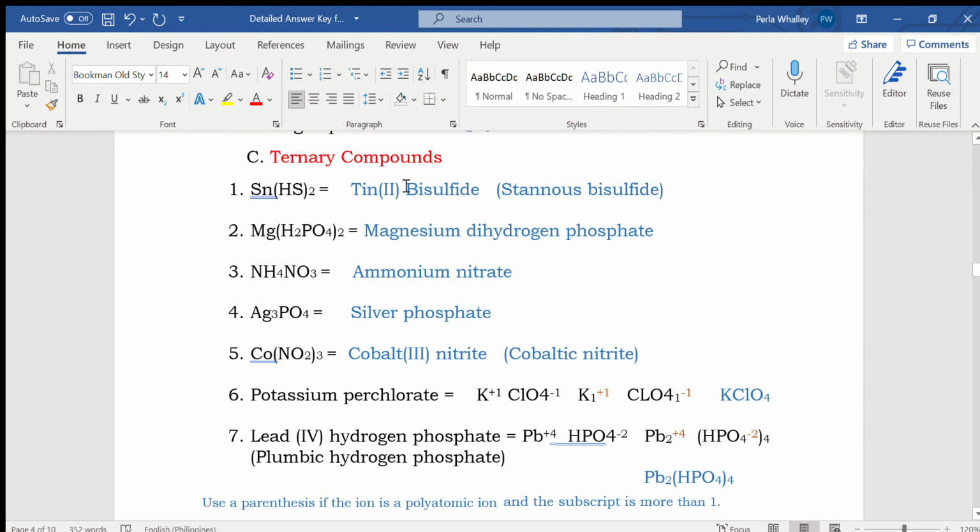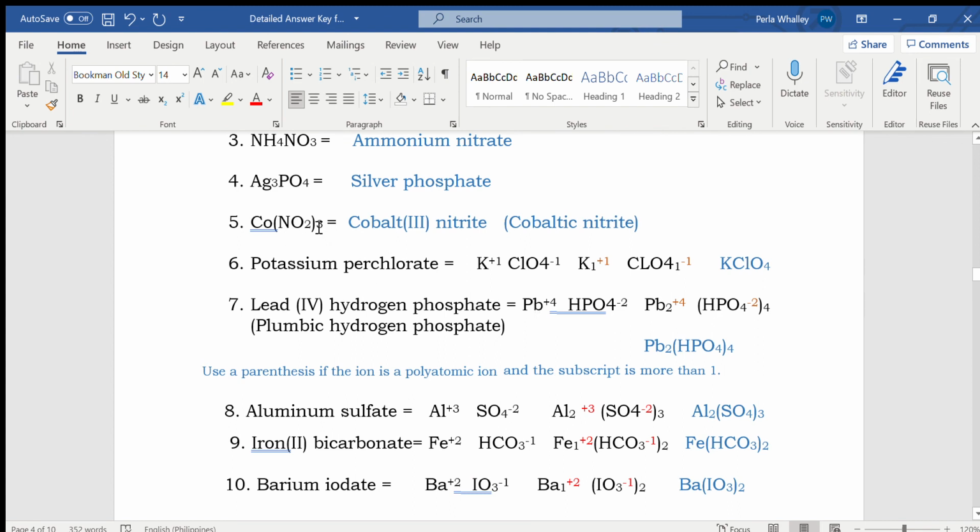There is no need to write this Roman numeral because the OUS already indicates that it is the lower oxidation number. And then we have magnesium dihydrogen phosphate, ammonium nitrate, silver phosphate, cobalt.